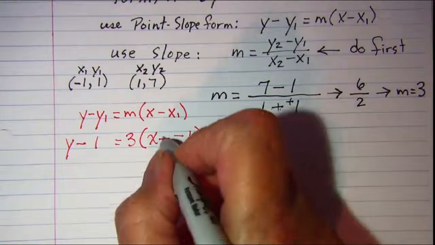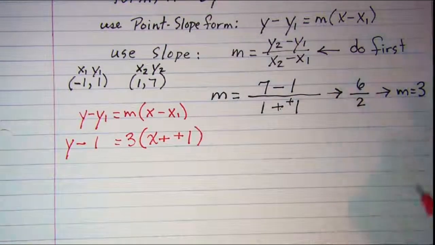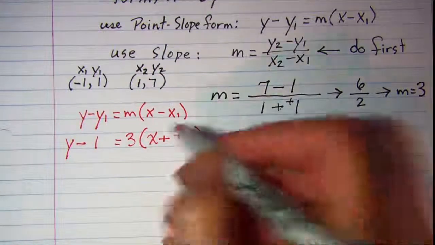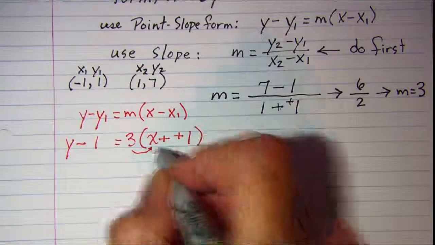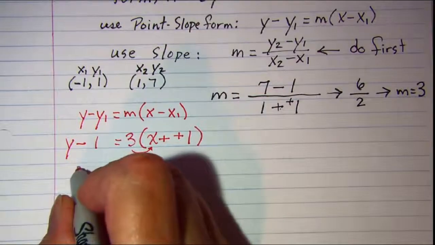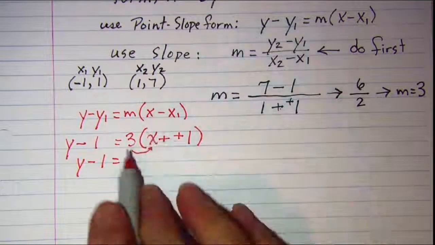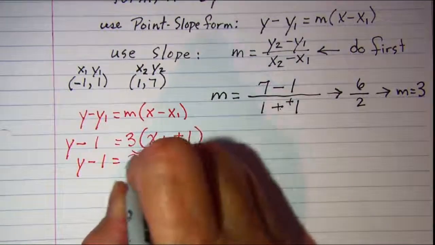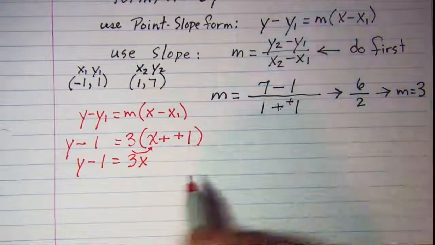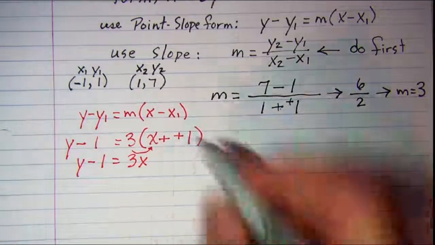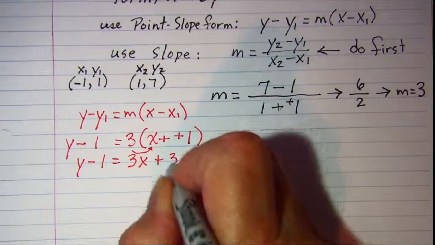This is the same as plus, minus minus is plus. Let's distribute our 3 through the binomial. So I have y - 1 = 3 times x is 3x, and then 3 times 1 is 3, or plus 3.